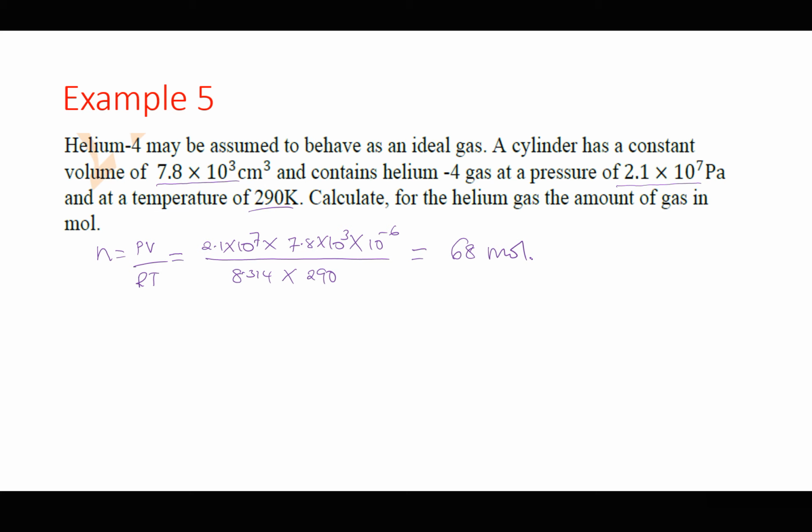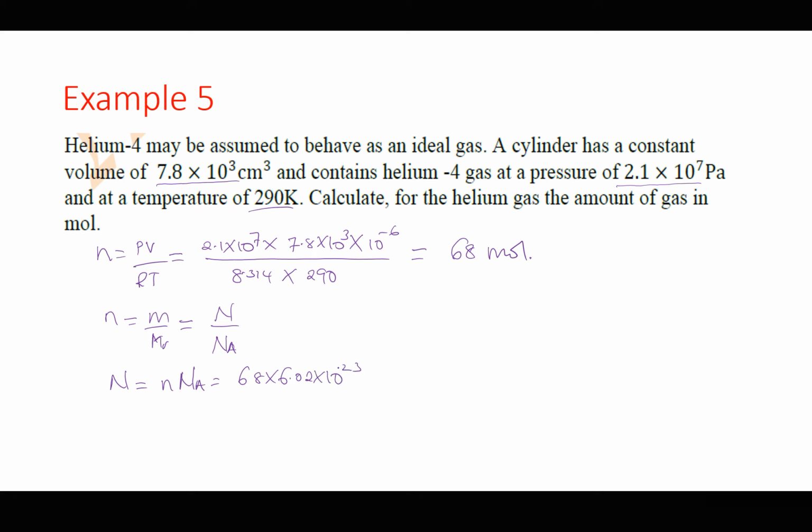We can also deduce the number of molecules of the gas. Remember, number of moles is equal to mass over molar mass, which is the same as number of molecules or number of atoms in the gas compared to Avogadro's number Na. Since I want N, the number of molecules will be equal to the number of moles times Avogadro's number, which will be 68 times 6.02 times 10 power 23.